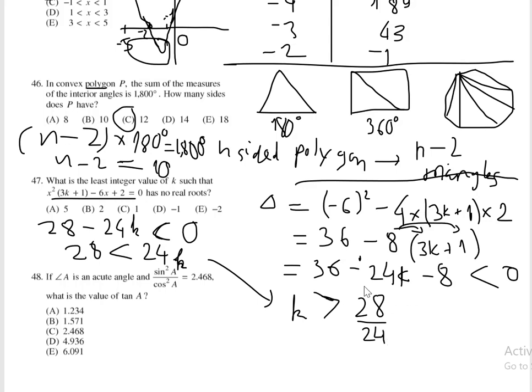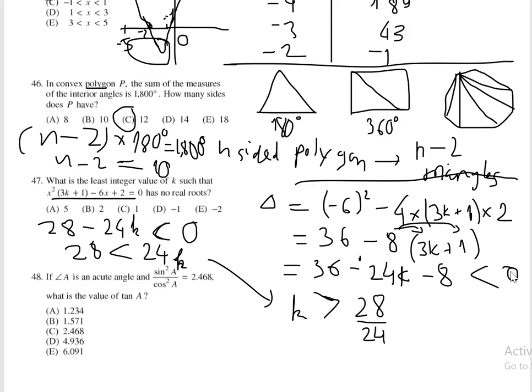So k must be larger than this fraction in order to satisfy the condition that it has no real roots. But the question does not ask for this fraction. It asks for the least integer value of k which satisfies this expression.